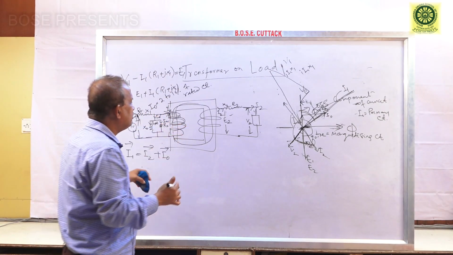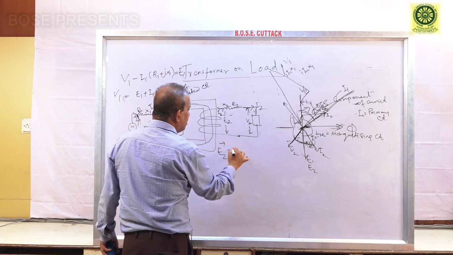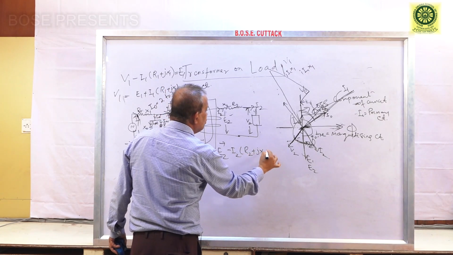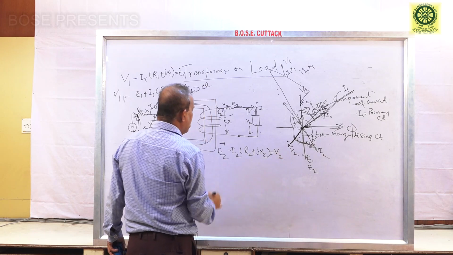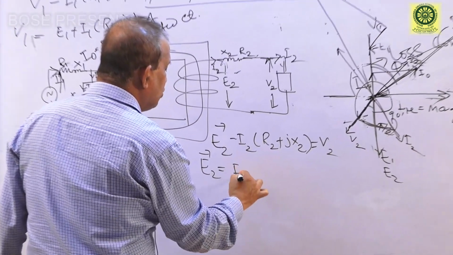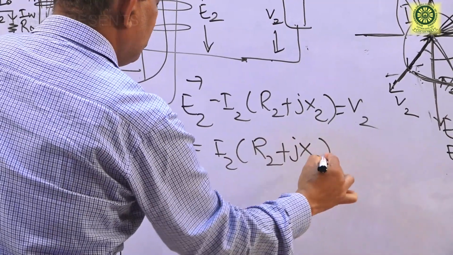And for the secondary side you can see that we can write the vector equation E2 minus I2 R2 plus jX2 is equal to 0, or E2 is equal to V2 plus I2 R2 plus jX2.